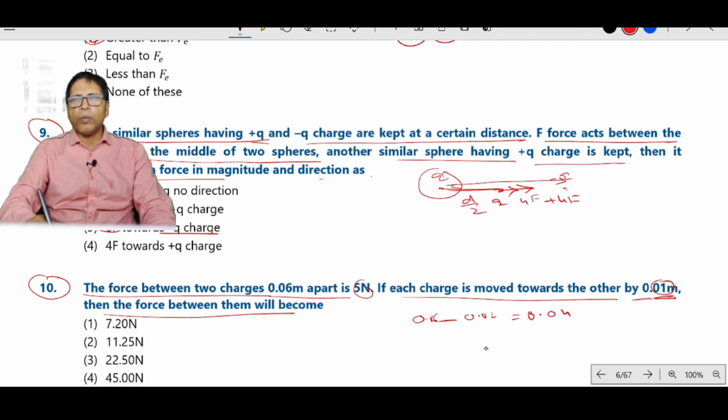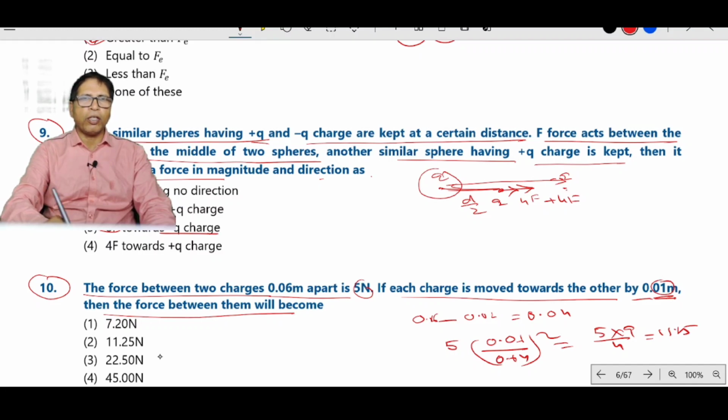So the force of attraction increases to 5 into 0.06 by 0.04 whole square, which is 3 by 2 whole square. So this is 5 into 9 divided by 4, which is 11.25 Newton. Option 2 is correct.